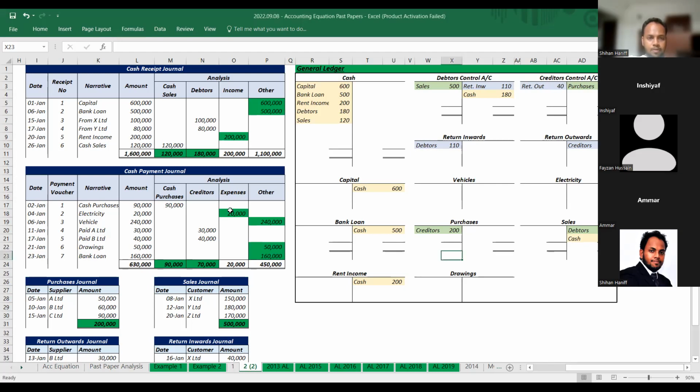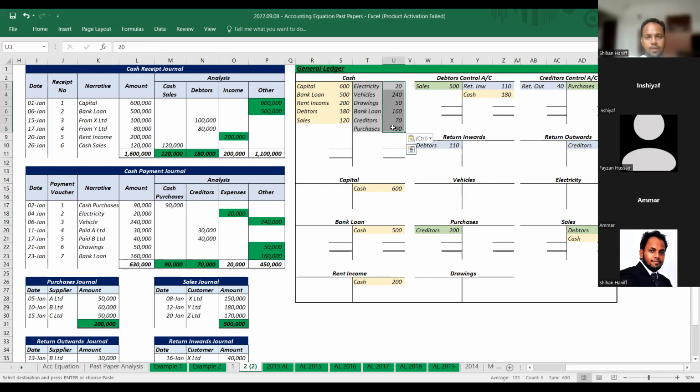Then the payments. There are 6 payments: electricity, vehicle, drawings, bank loan, creditors, purchases.